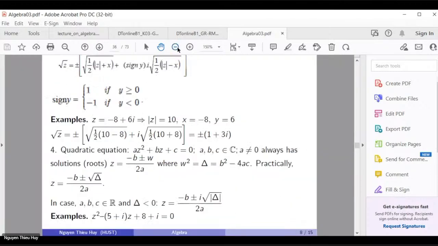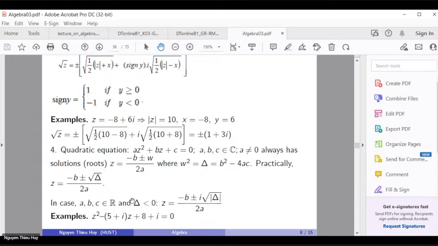And of course, when a, b, c are real numbers, delta is also a real number, and delta is less than 0. Normally, if you consider the real solution, then there is no real solution in this case. But if you consider complex roots, then it again has solutions.